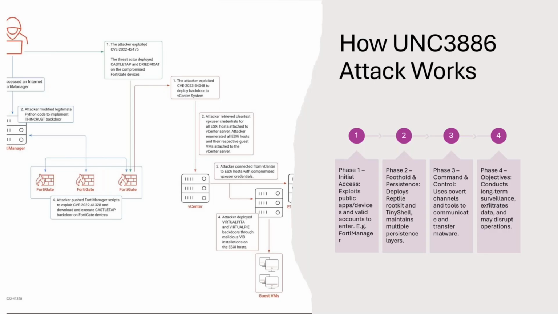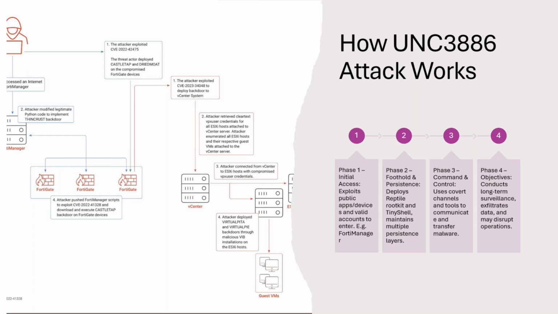Let me briefly introduce. The left-hand side is a chart from, I think, Fortinet or whatever, I forgot where it's from. It is a detailed flow chart of how it attacks. In general, because they have so many campaigns, but in general, they have 4 phases.